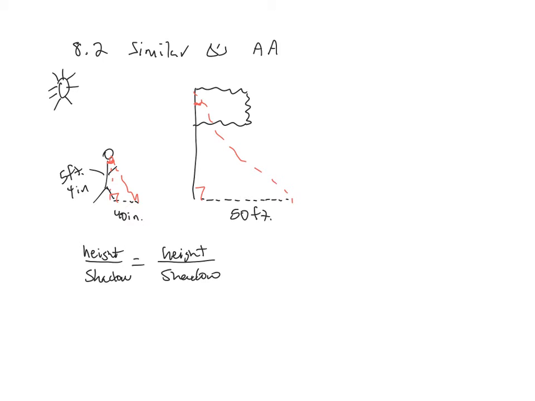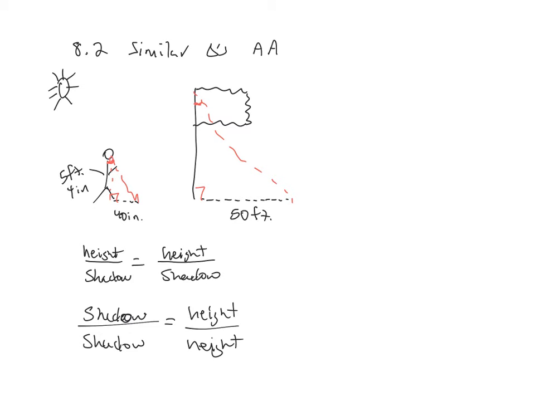You could have the two heights and the two shadows. There's many different ways to set it up. So, you could have the shadow of one and the shadow of the other, and then the height of each. Just as long as the top is the height that you are and the shadow, and then the bottom is the shadow and the height of the pole. There's, like I said, a lot of different ways that you could do it.